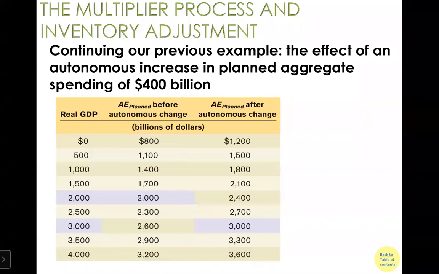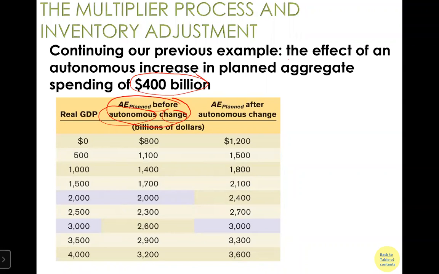Continuing our previous example, the effect of an autonomous increase in planned aggregate expenditure of 400. This slide shows what happens before the adjustment in autonomous spending.